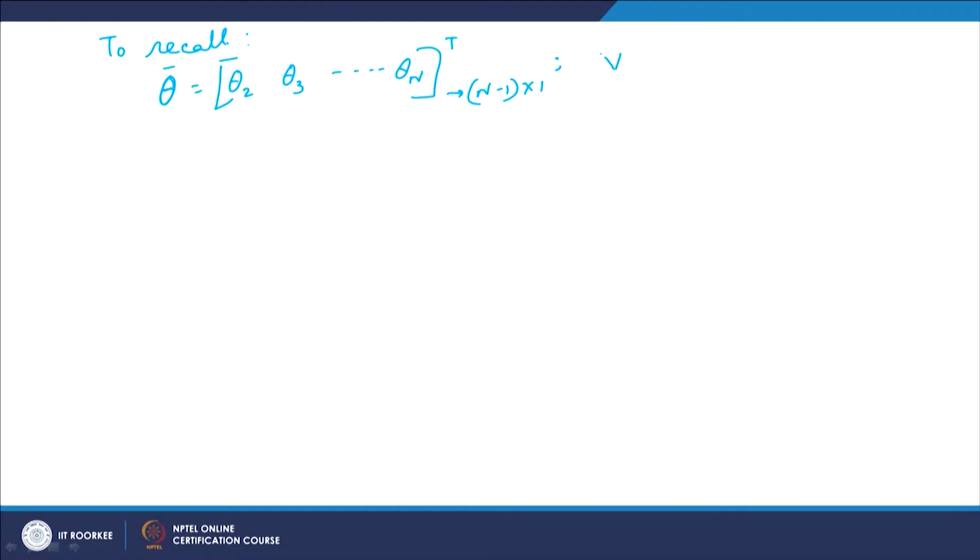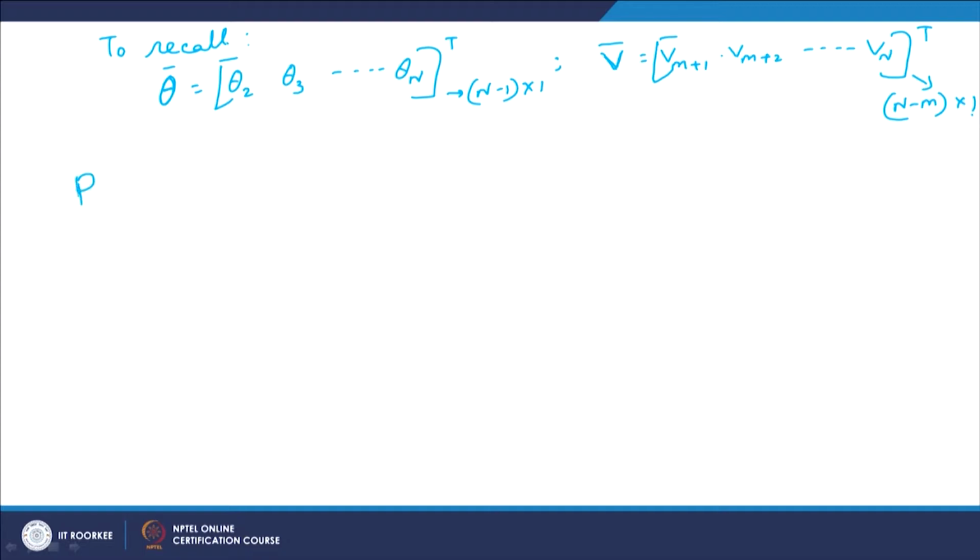The V vector is V m plus 1, V m plus 2, to Vn, transpose. So, this is an n minus m cross 1 vector.